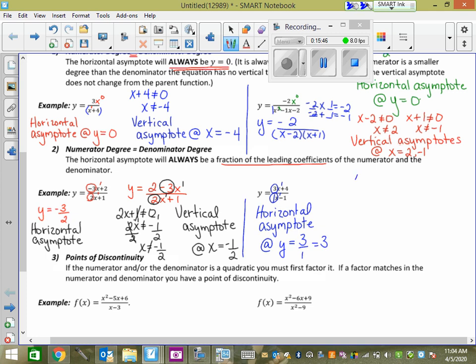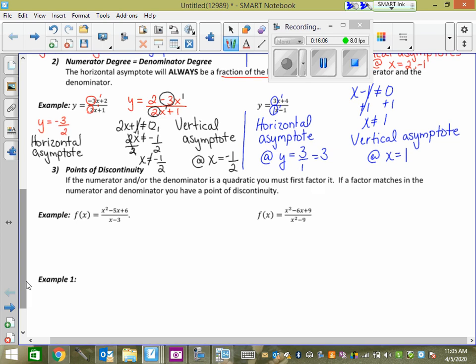Okay? And then I go x minus 1 cannot equal 0, add the 1 over. X cannot equal 1, so I have a vertical asymptote at x equals 1.